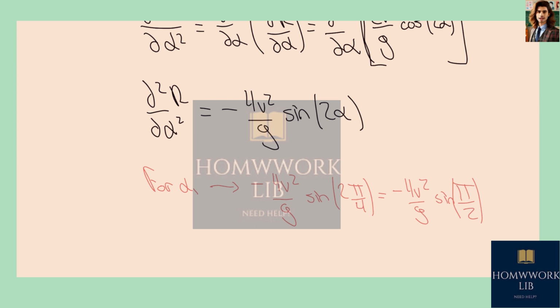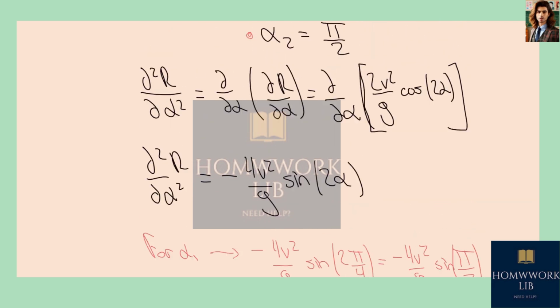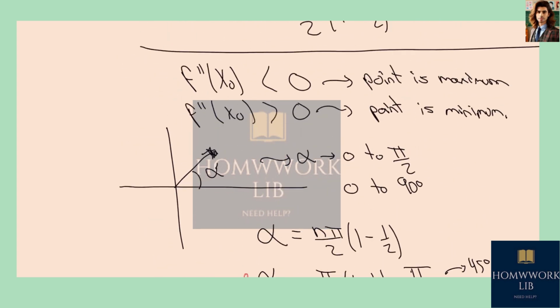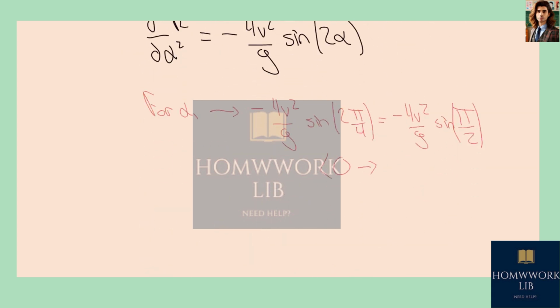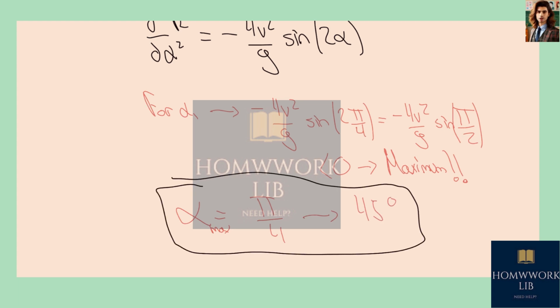As you notice, this is lower than 0 because sine of pi over 2 is positive. So this corresponds to a maximum. With this, we conclude that the angle for maximum range is pi over 4, or 45 degrees, which is what intuition tells you with this type of problem, right?